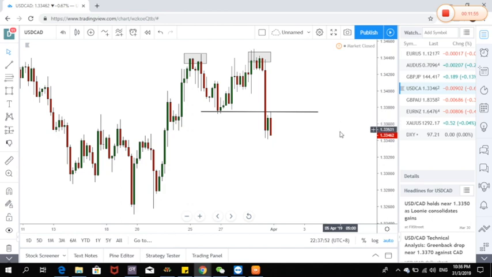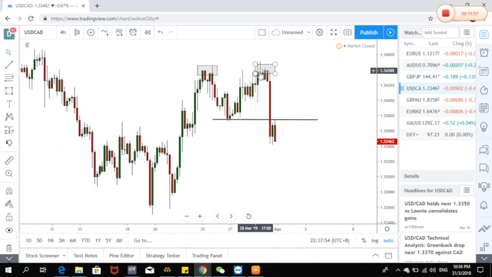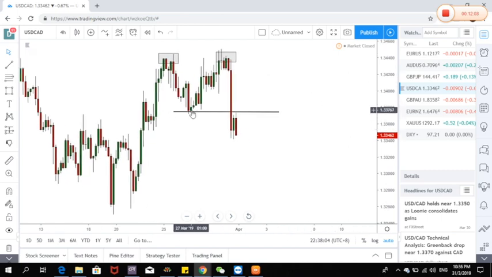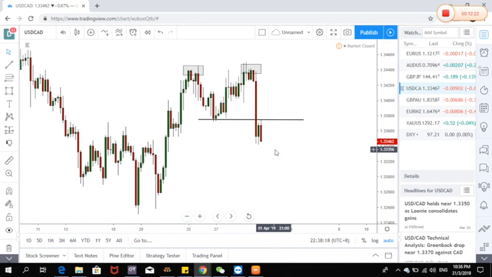On the Friday market, price managed to create a new high, the same top as the previous top. So this is a double top formation, and here is the neckline, and price managed to have a strong bearish red candle to close below the neckline, and we have a retest, and then a continued downfall for this USD CAD.